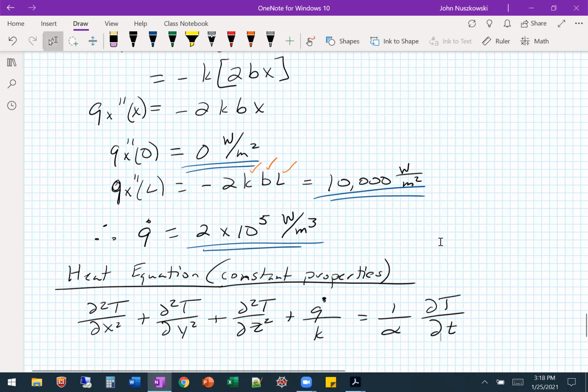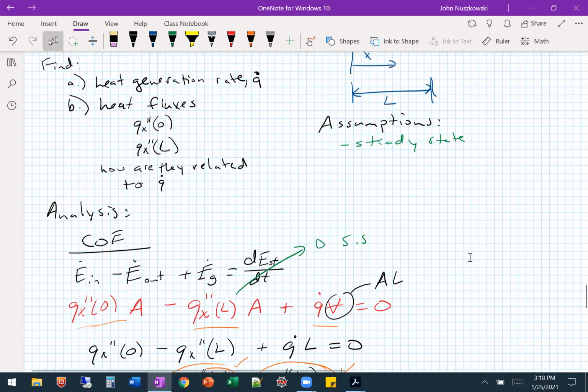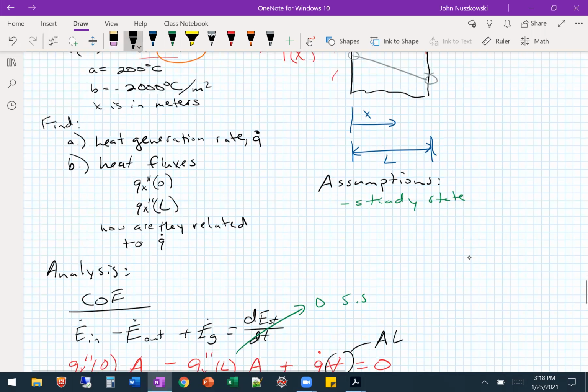All right, so we have the heat equation that already assumes constant properties.